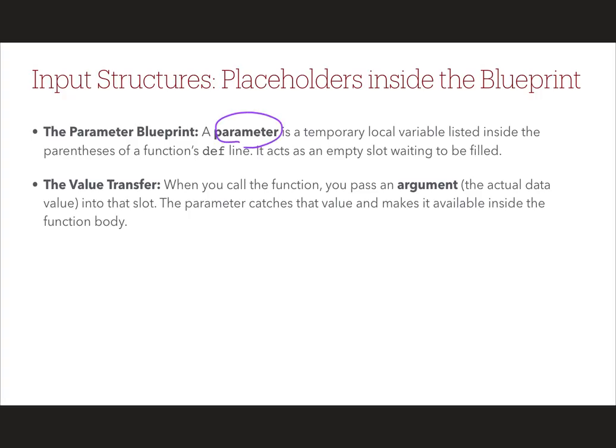So a parameter is a temporary local variable defined inside the parenthesis. Whenever you have a parameter, the user must provide an appropriate value for each parameter defined in the function.